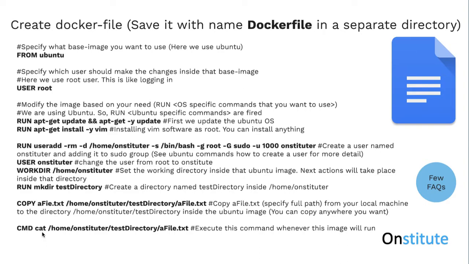Here I want to cat, that means write down the content of file.txt on the command prompt when the image launches. So if I just do CMD then cat followed by the file path, whenever we launch this image after its creation, it will write the content of file.txt on the command prompt.